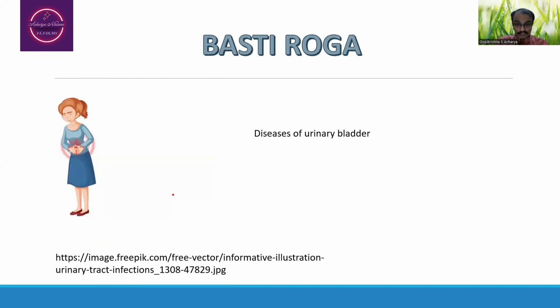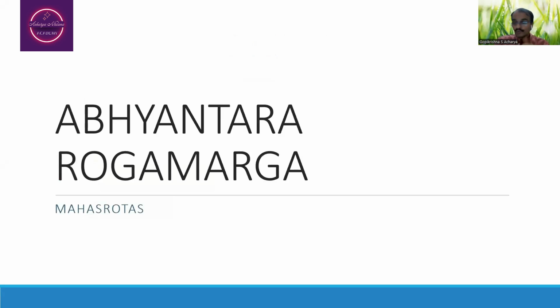Basti Roga, where there may be a possibility of affliction of the urinary bladder. This is another important trimarma. If you observe involvement of these, then we say the person is having the Madhyama Rogamarga affliction. As far as Abhyantara Rogamarga is concerned, there will be the possibility of Mahasrotas affliction.